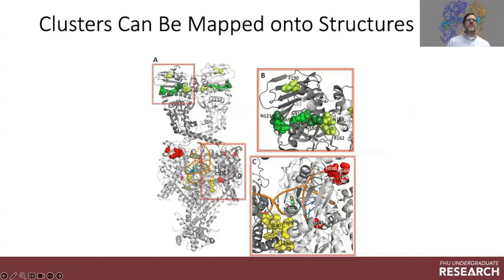So what can we do with these sites and these clusters? Well, we can map them back onto structures. Here's an example from our 2022 paper, where we mapped those sites back onto topoisomerase II and demonstrated that these different clusters represent things that are interdependent. I'm specifically using the word interdependent because our tendency is to say that means they interact, and they may not actually physically interact, meaning sometimes these interdependencies can be quite distant.